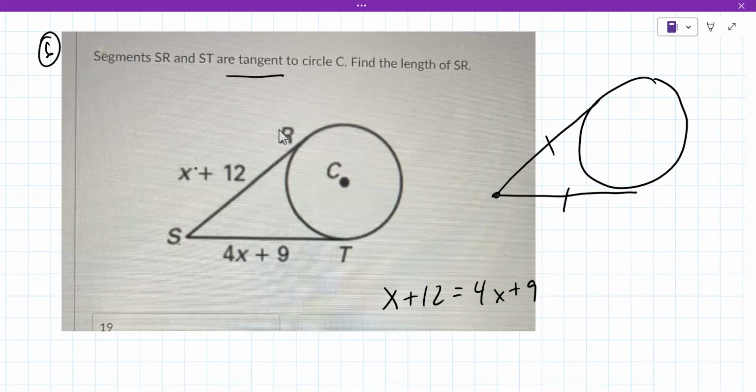So maybe you've already done that. Could you solve that for x for us, please? I got X equals 7. Or wait, try again. One second.